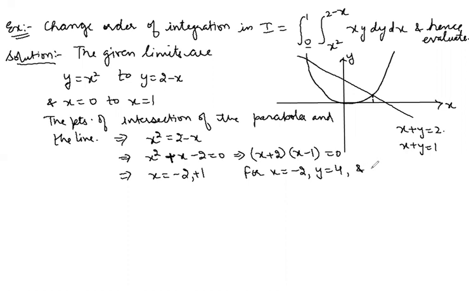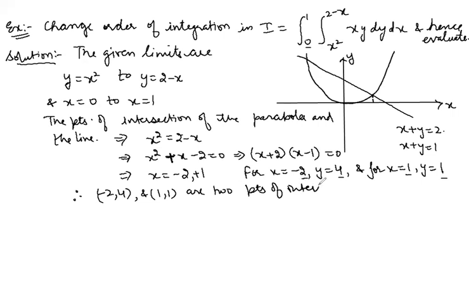And for x is equal to plus 1, y is equal to 1. Therefore, minus 2, 4 and 1, 1 are the 2 points of intersection. This point is 1, 1 and this point is minus 2, 4.